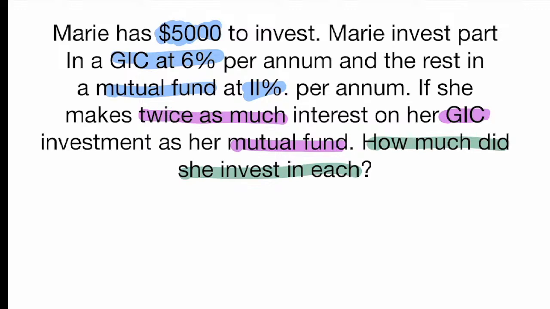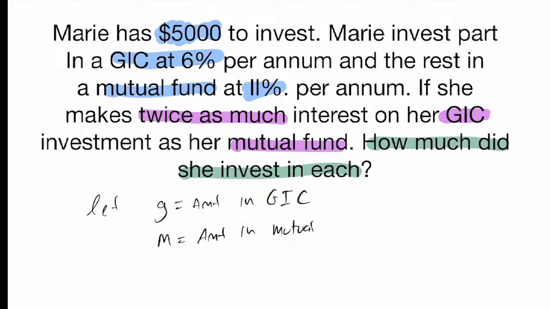Okay, so when you're answering this question, it says, how much did she invest in each? So right away, those are your variables. You're going to let G equal the amount in the GIC and let M equal the amount in your mutual fund. That seems pretty straightforward.